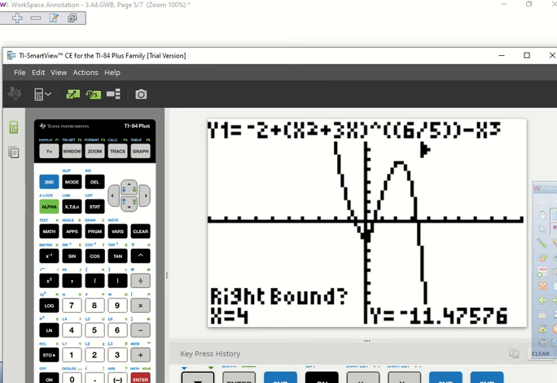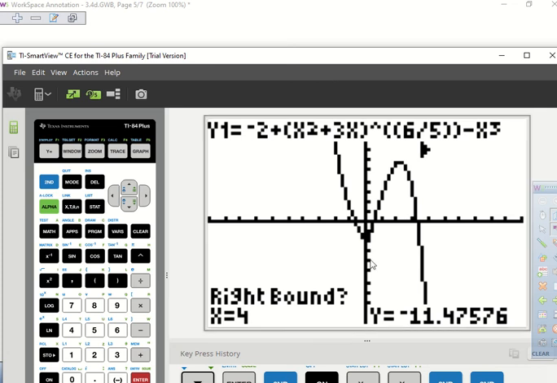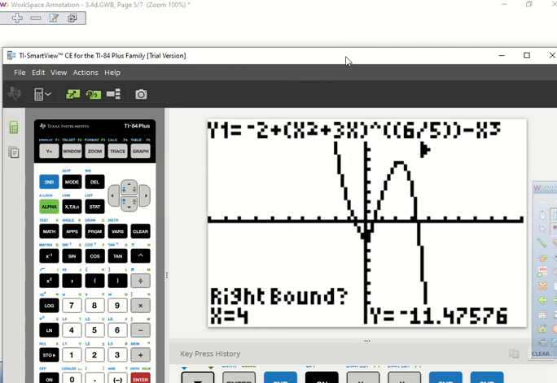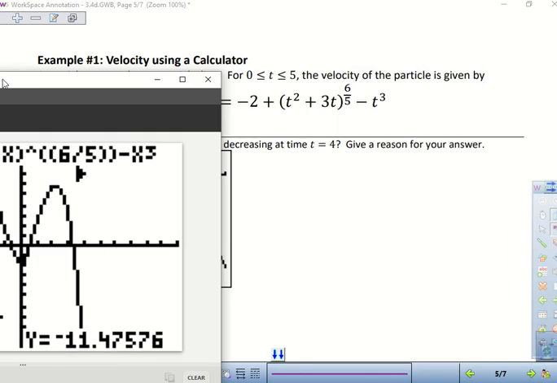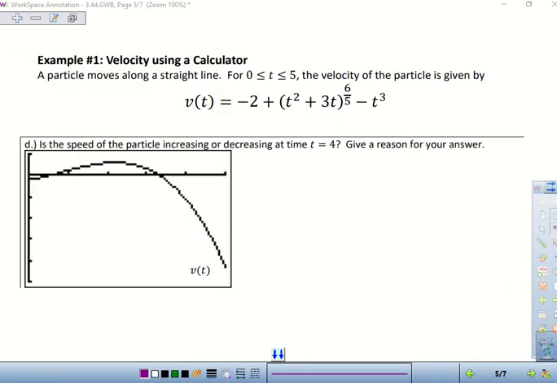Do you guys get that? Okay. So at this x value, what is the y value? Negative 11.4. Good. So the y value represents the velocity, right?